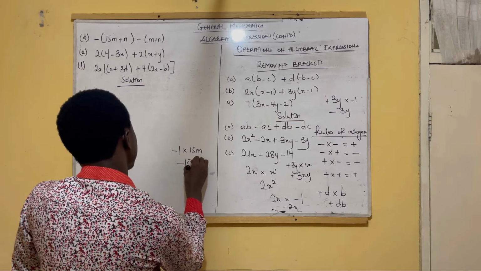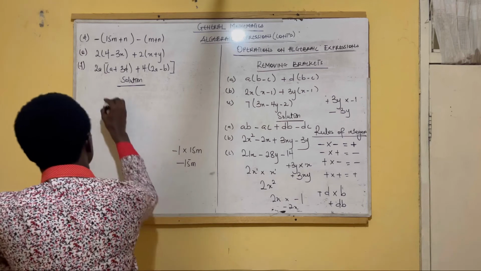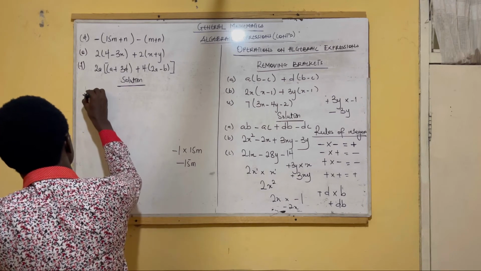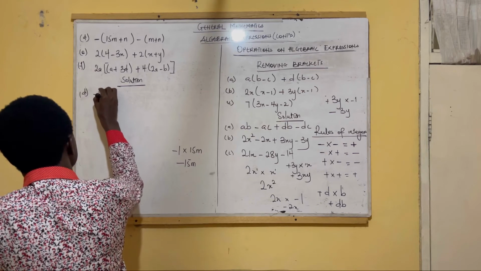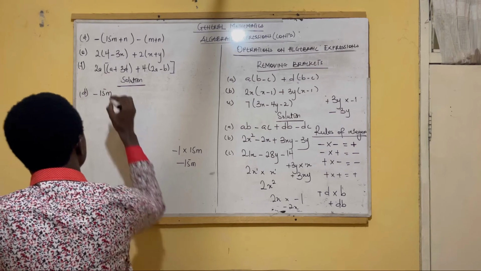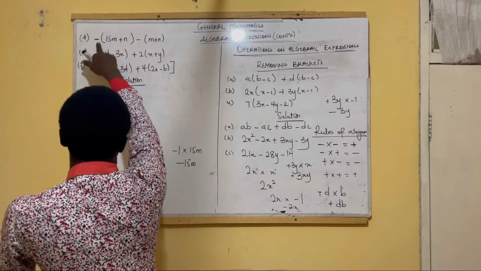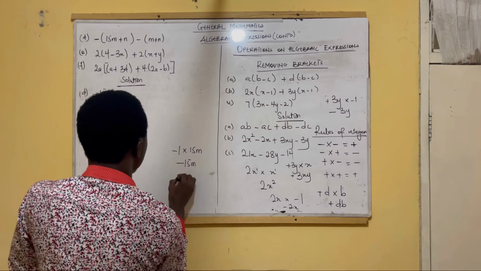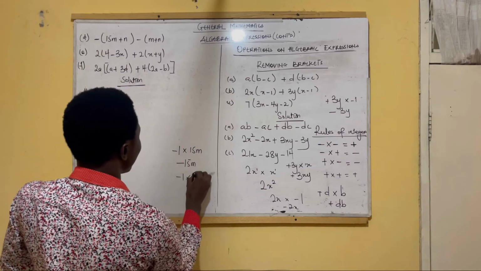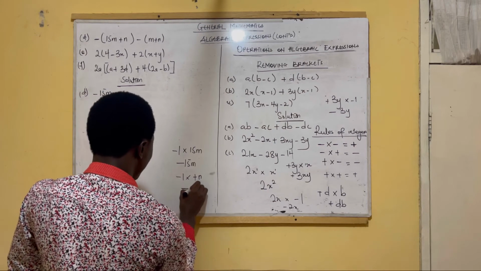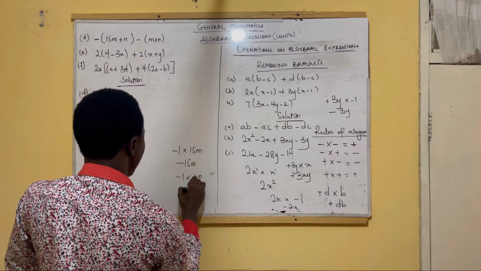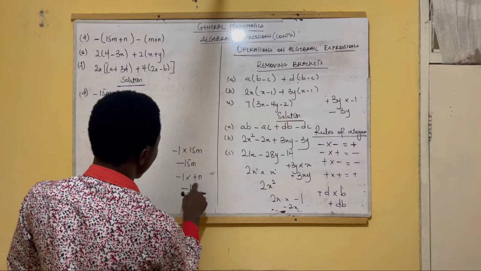So 15m. That's the first answer. Well, D, right? So that's negative 15m. Then you have negative 1 again multiplying positive n. You're going to get what? Negative 1n.